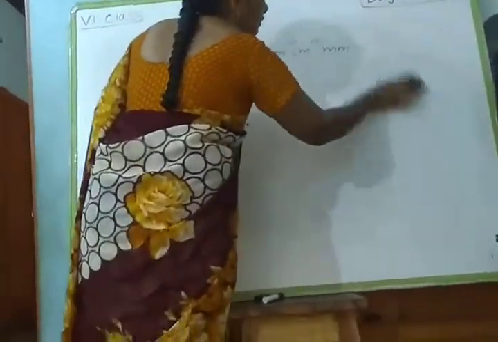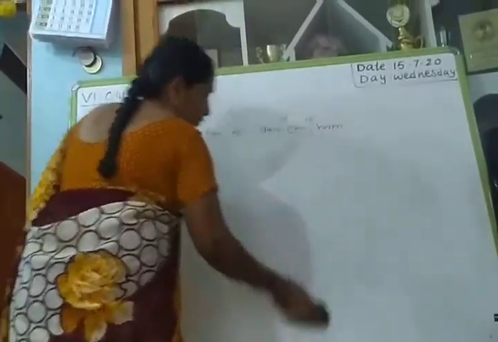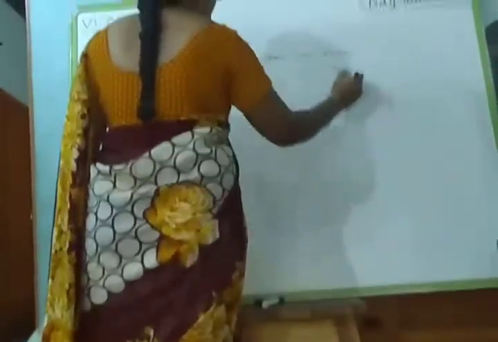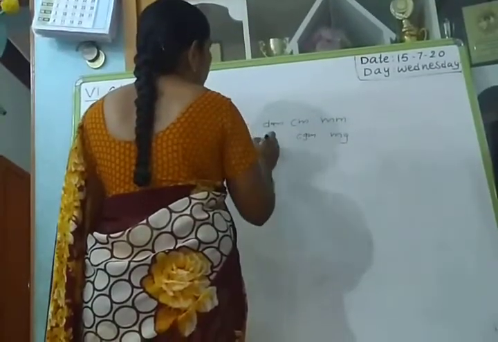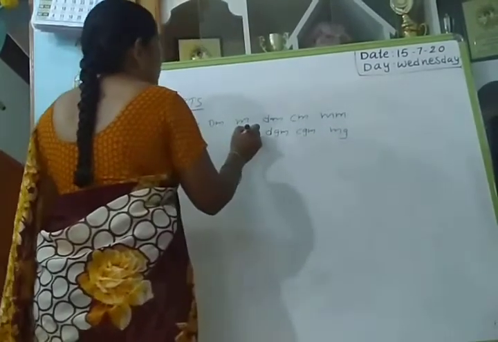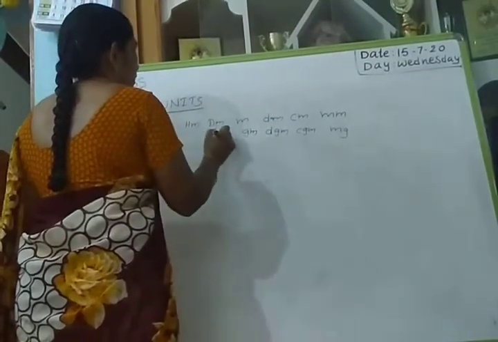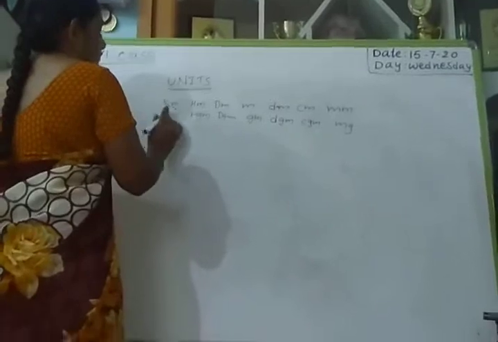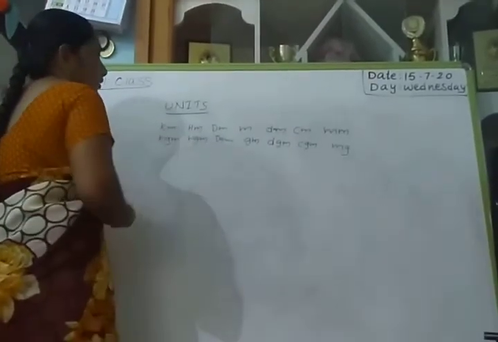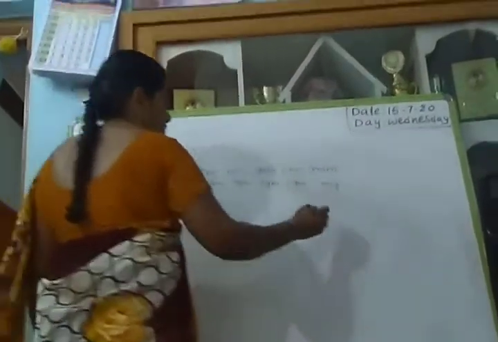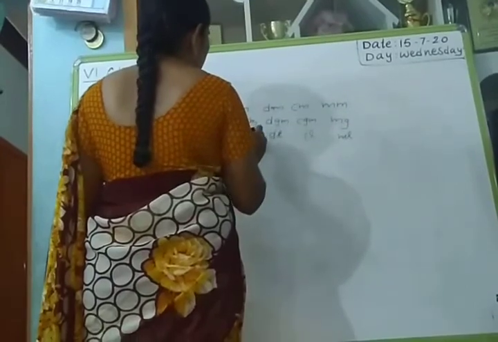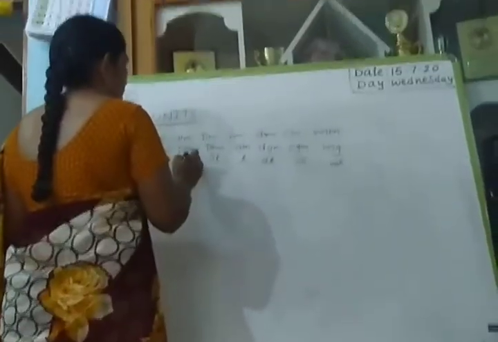Like this we have weight. We measure weight in grams and kilograms. The same relations apply here also: milligram, centigram, decigram, gram, decagram, hectogram, kilogram. Same in liquid measurements also: milliliter, centiliter, deciliter, liter, decaliter, hectoliter, kiloliter.